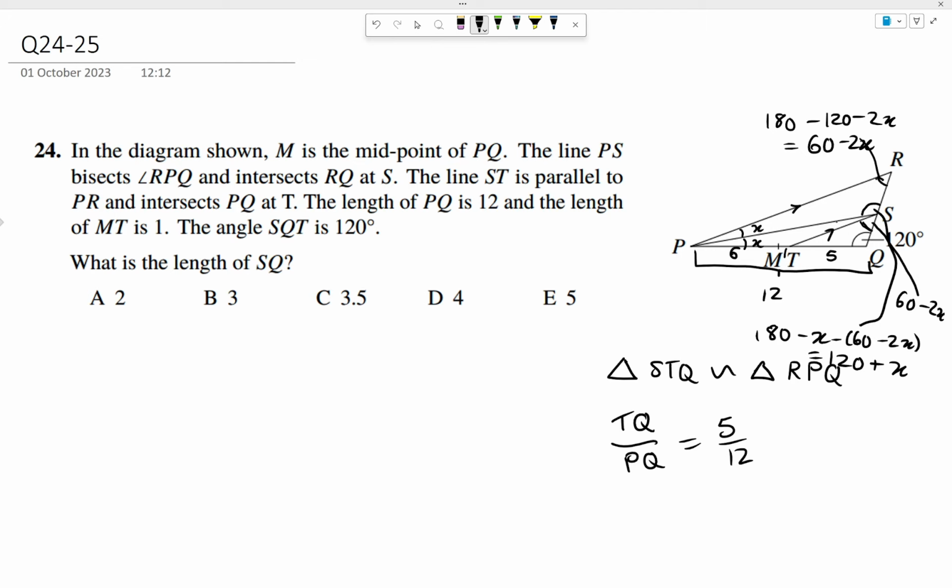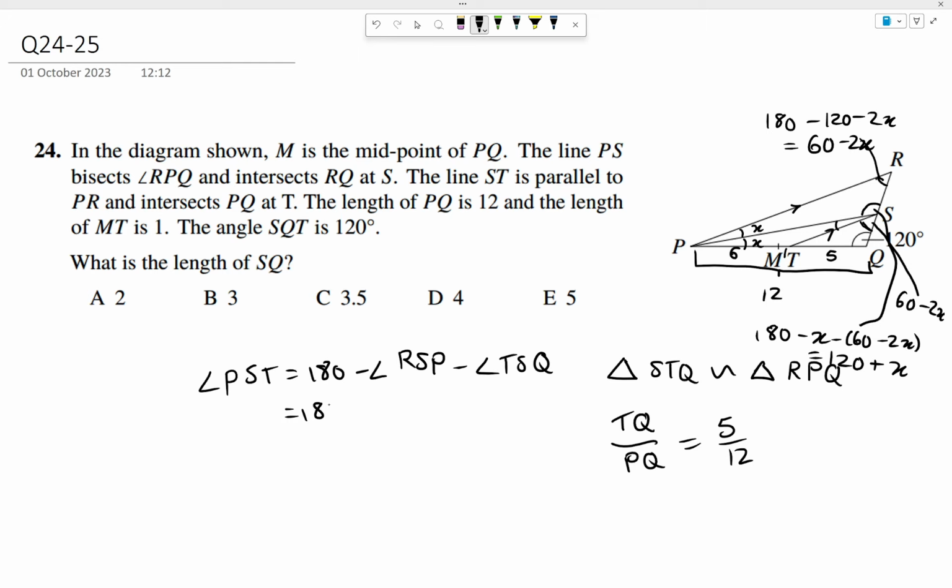And then we get that angle PST is equal to 180 minus angle RSP minus angle TSQ, because the angles on a straight line add up to 180.